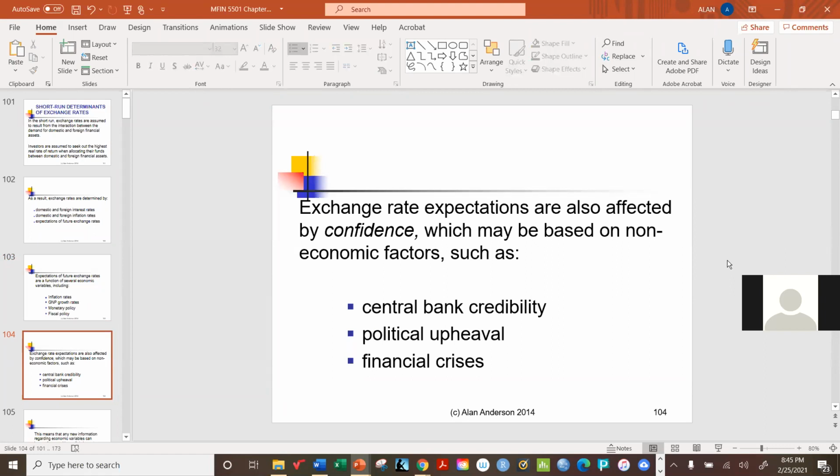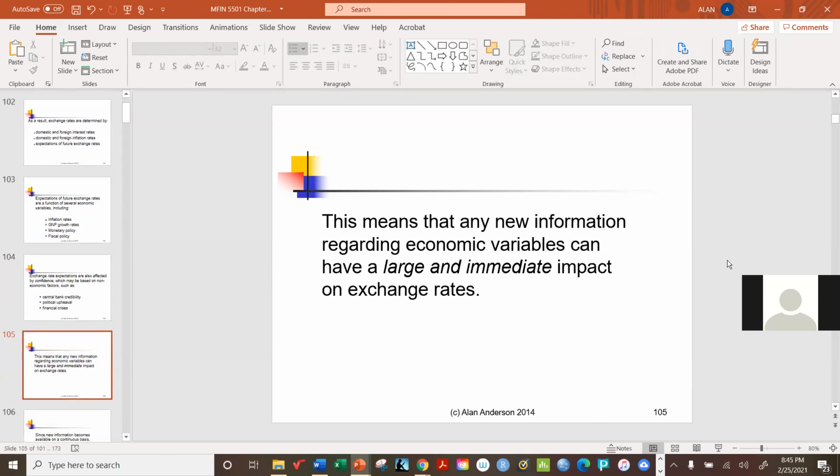All right. So anyway, because expectations are a major component of the exchange rates in the short run, any new economic information, any new developments in the markets can have a large and immediate impact on exchange rates. Okay, more so than many other financial assets.